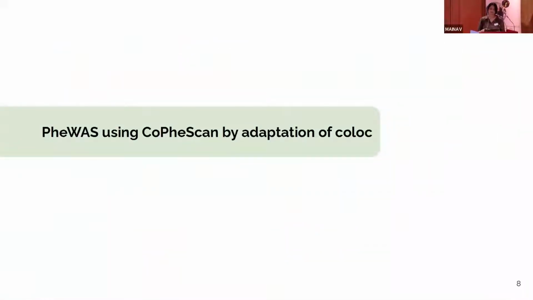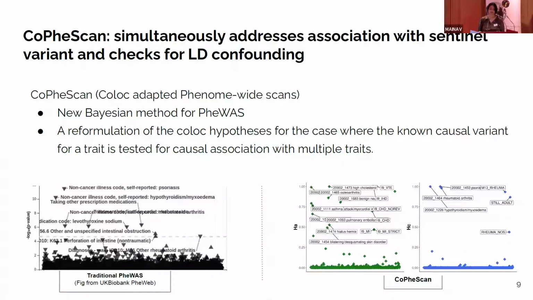Now coming to the new methodology that we have developed, called CoPheScan, or COLOC adapted phenome-wide scans. This reformulates the COLOC hypotheses. In COLOC, we test if two traits have a shared causal association.